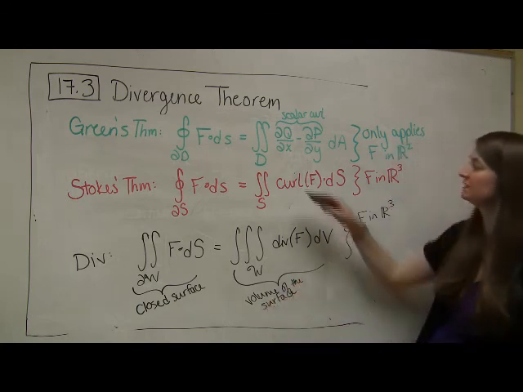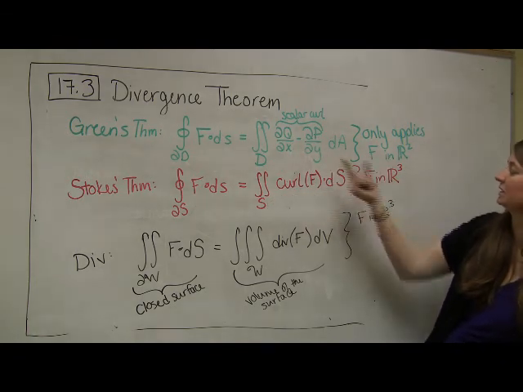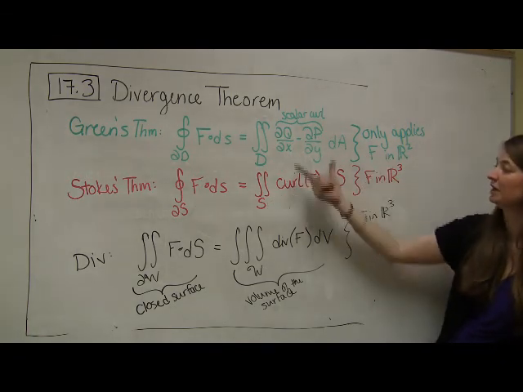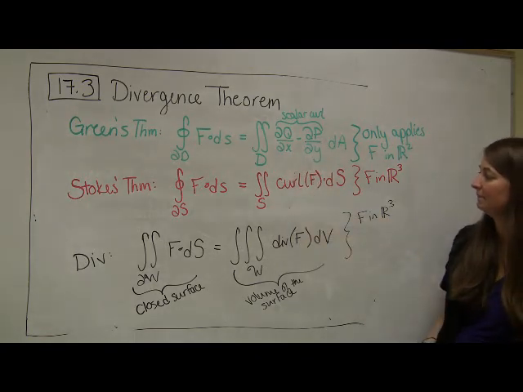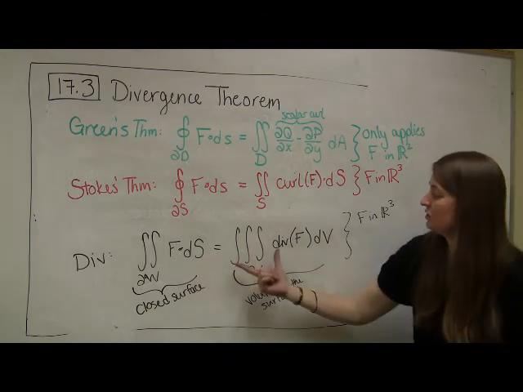So the primary difference in these two pieces is the fact that my F is only in R2 for Green's theorem, whereas my F might be in R3 for Stokes' theorem. And then as we go up to the divergence theorem, we've added another dimension.